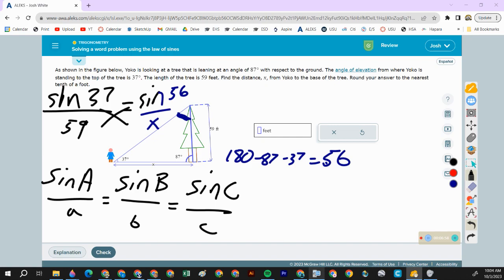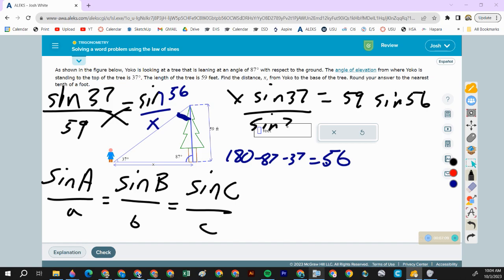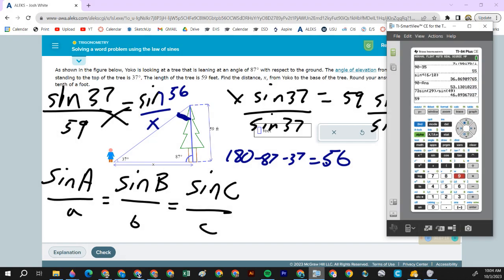Cross multiply. X sine of 37 equals 59 sine of 56. Divide by the sine of 37. And the answer is 59 sine of 56 divided by the sine of 37 gives me 81.2.